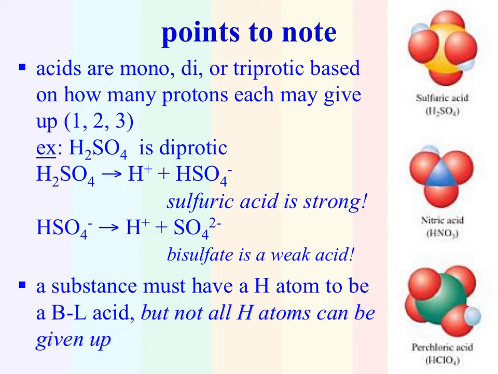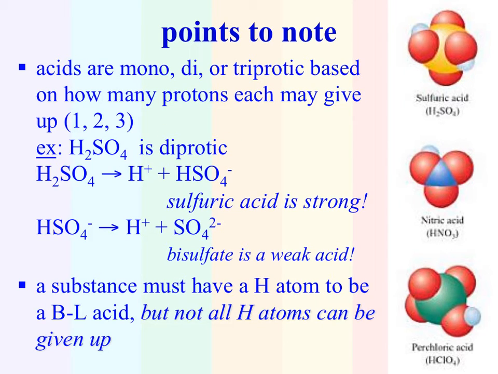Something else to point out, you may have noticed this: acids can be mono, di, or triprotic, and this refers to how many protons each acid is capable of donating. So H2SO4, or sulfuric acid, as you have now memorized, is a diprotic acid. What does this mean?